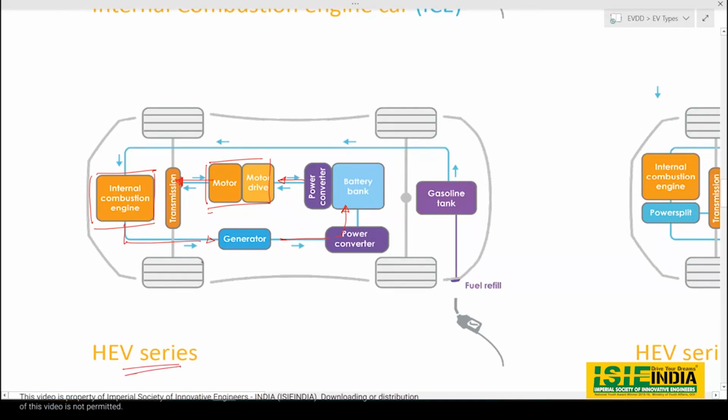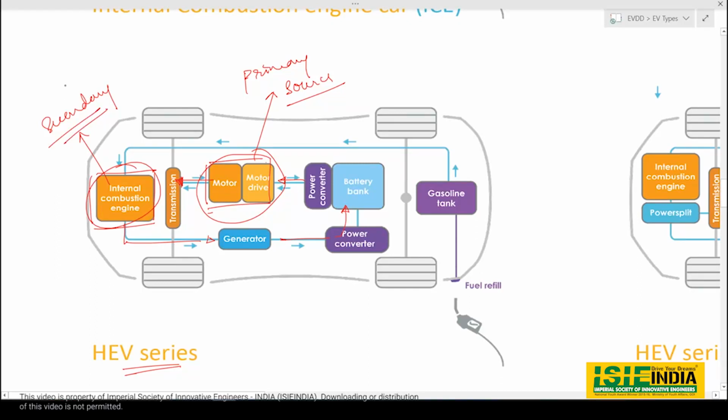So this is what we call a series combination, where the motor is driving the vehicle and the engine is charging the battery pack. In the case of series combination, your motor is the primary source and the engine is the secondary source.